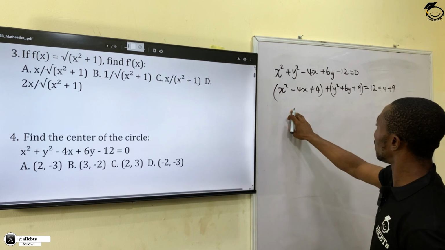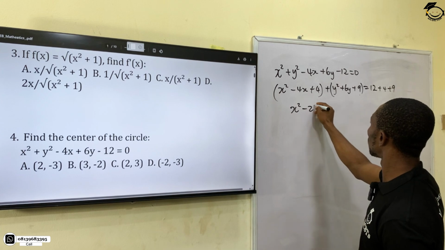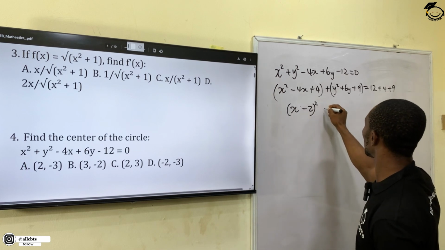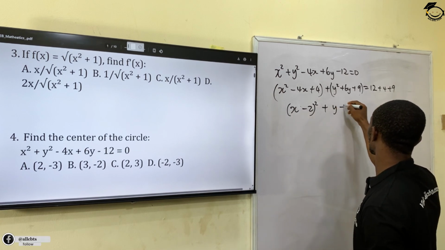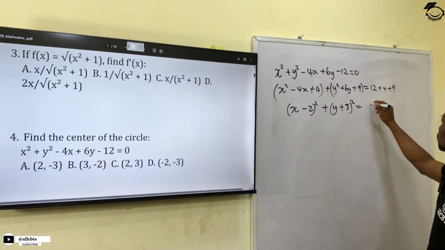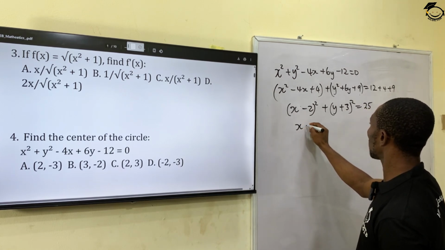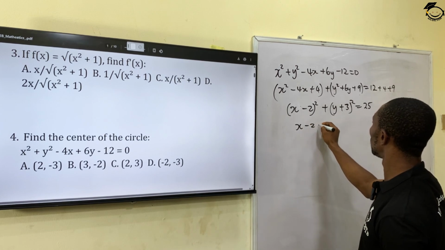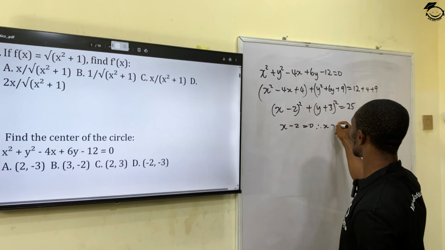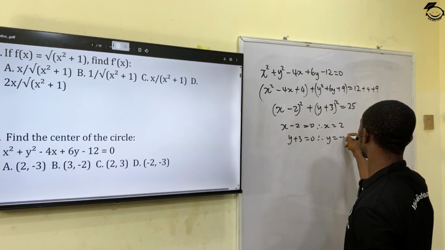Okay, factorizing this, since this is squared, we can bring it out as x minus 2 squared plus y plus 3 squared, which is going to give us 9 plus 16, which gives us 25. So if we solve for this, x minus 2 equals 0, therefore x equals 2, and y plus 3 equals 0, therefore y equals minus 3.